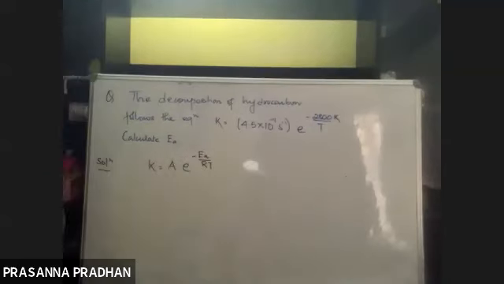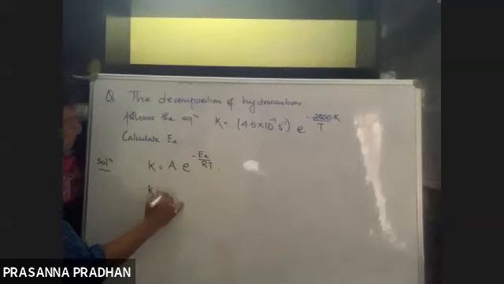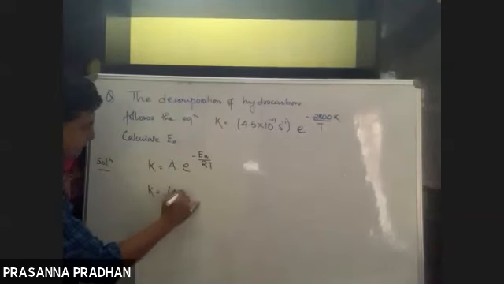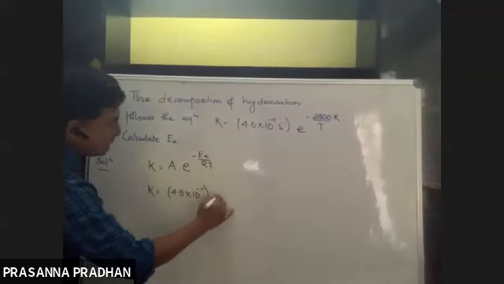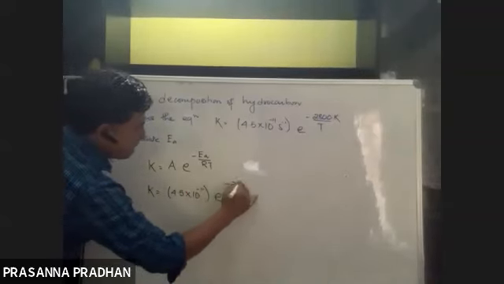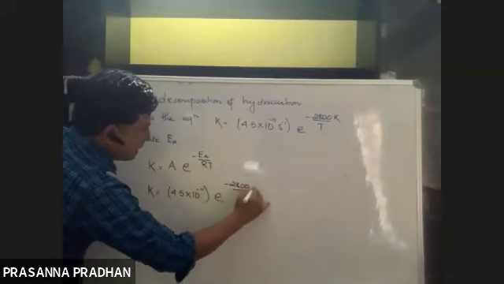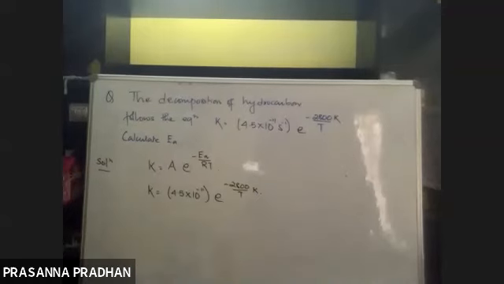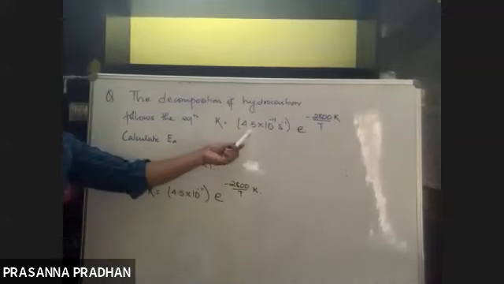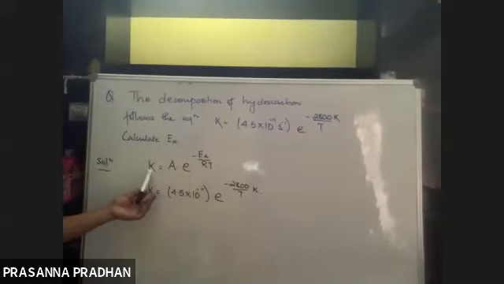Here it is given K equals 4.5 into 10 to the power minus 11 e to the power minus 2800 by T Kelvin. So let us compare the two equations. We just need to compare the things now.